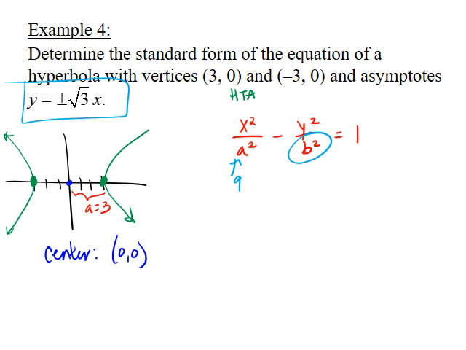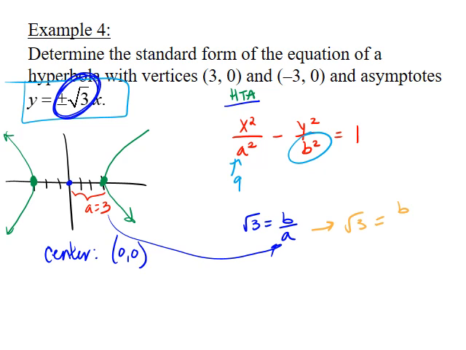You may recall that this, whenever I have a horizontal transverse axis, is b divided by a. So the square root of 3 is b divided by a. Well, I know a is 3. So this becomes the square root of 3 is equal to b divided by 3. I can get b by itself by multiplying both sides by 3.